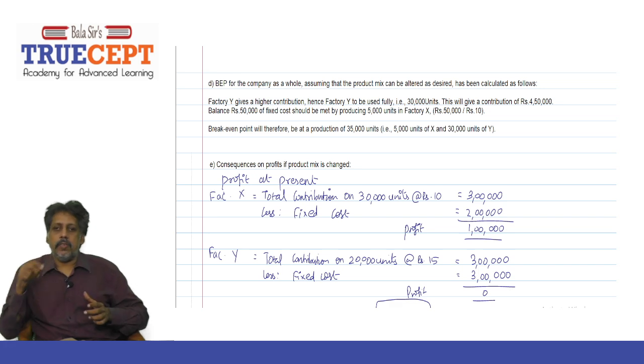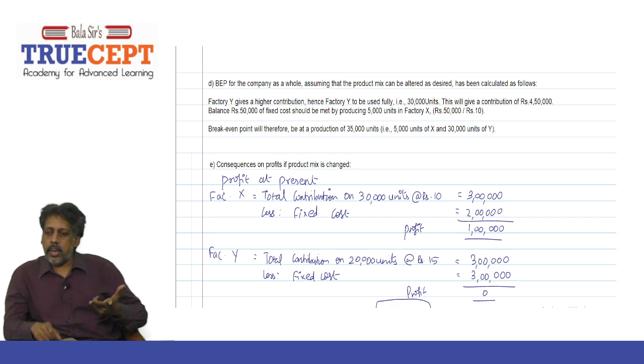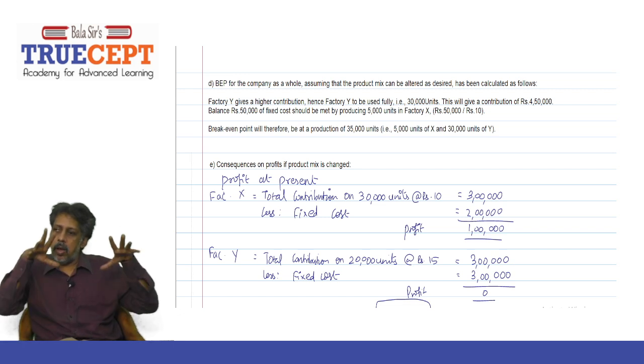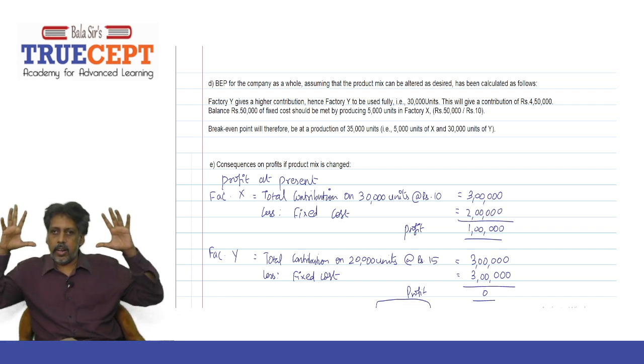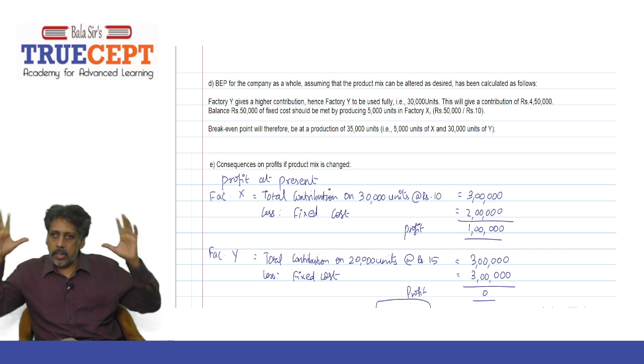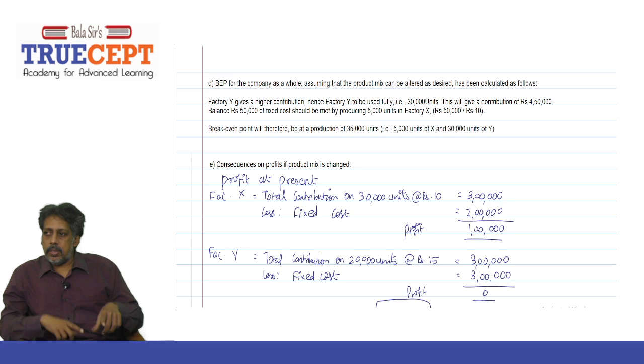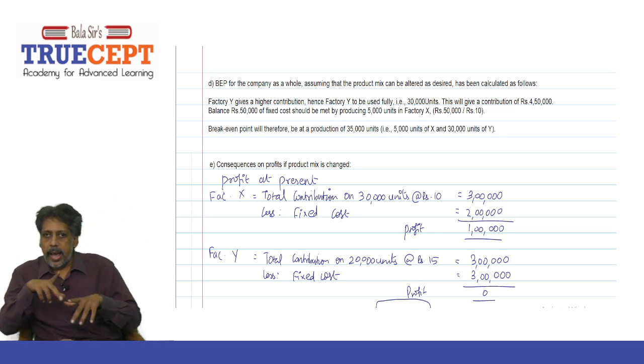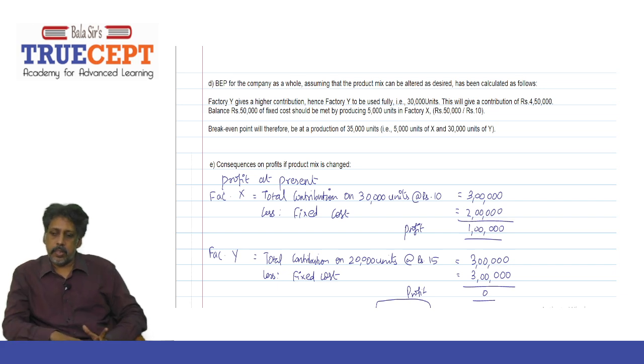So it is going to be 5,000 units of X and 30,000 units of Y. In all, 35,000 units will be the break-even point for the company as a whole, whenever the sales mix can be altered as desired. Is that fine? And that is the answer to subdivision D.